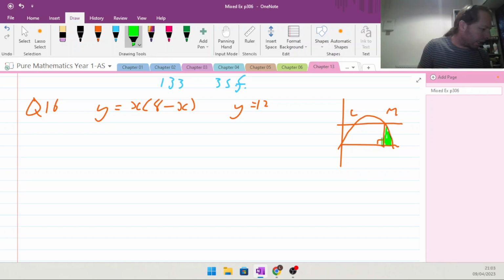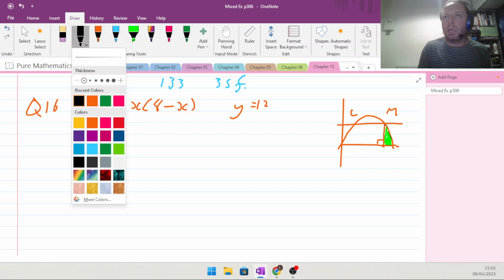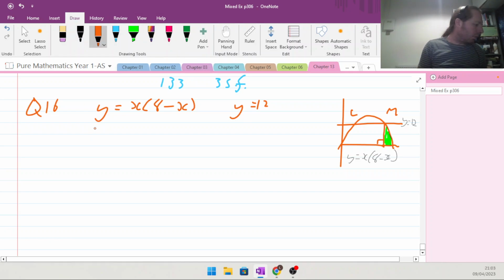They've got the two graphs labelled up as you would expect: y equals 12 and y equals x(8 minus x). Right then, start by figuring out what points L and M are.